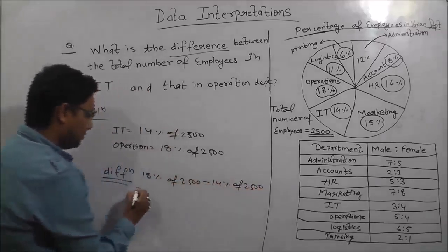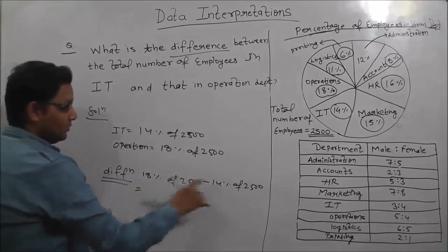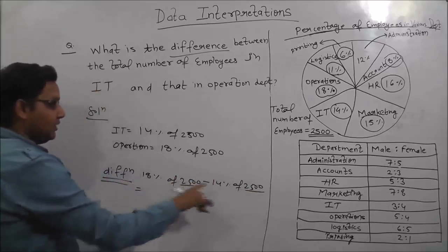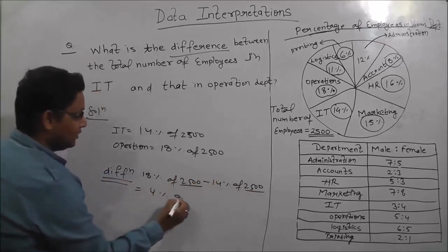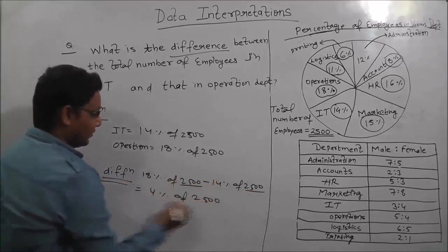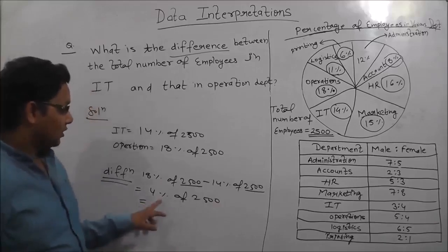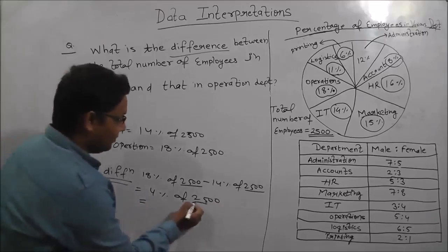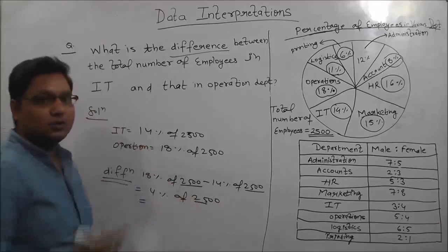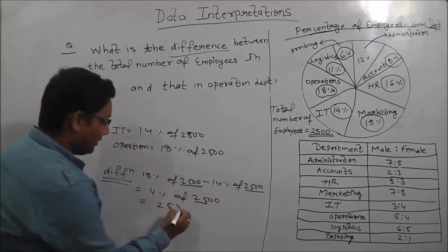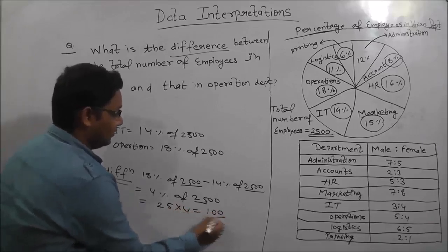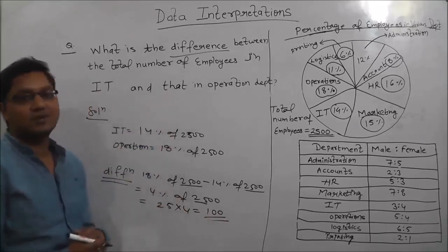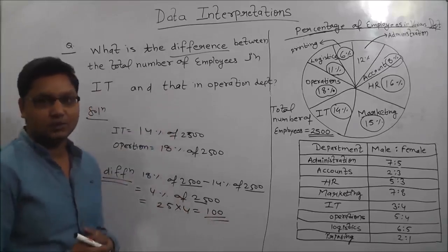How much will you get? 18% minus 14%, because these two quantities are the same base, so we can directly subtract. 18 minus 14 is 4, so 4% of 2500. Now 1% is 25, so 4% will be how much? 25 into 4, that is 100. So in this way you can find the difference question very easily.